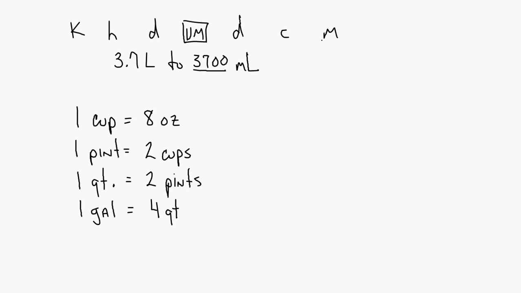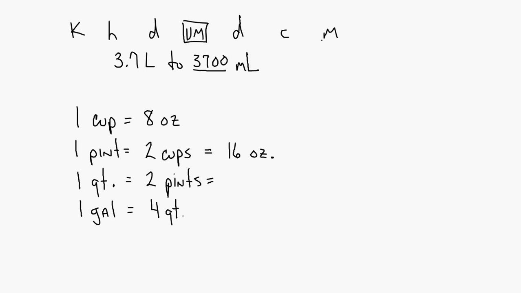So watch. Go back to your pints. If 1 pint equals 2 cups, what does that also equal? 16 ounces. Good. All right. If 1 quart equals 2 pints, 2 pints is how many ounces?